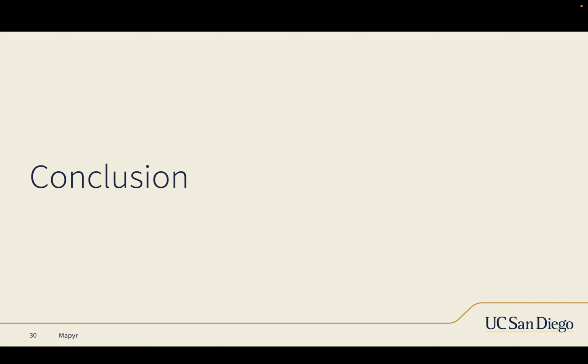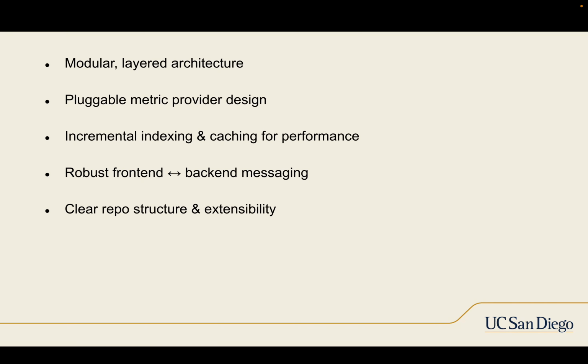Okay, so to wrap up, here are some of the key technical aspects that we would like everyone to focus on that make Mapper an amazing application, both from the user standpoint and also from the developer standpoint. The system is built with a very clean modular architecture that separates indexing, metrics, analysis, and visualization into well-defined layers. This makes the code base easier to understand, maintain, and also extend.